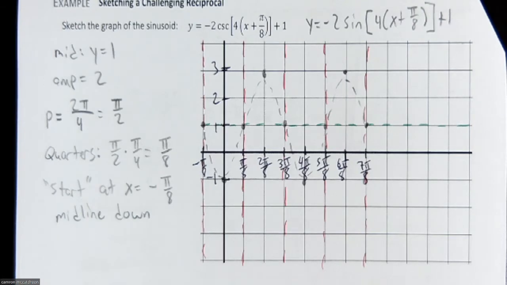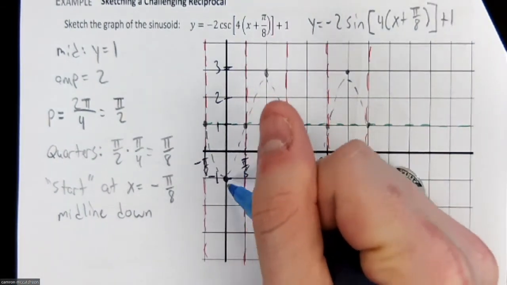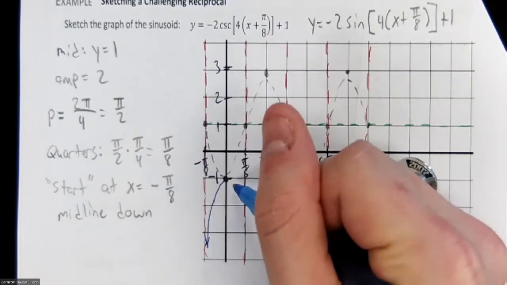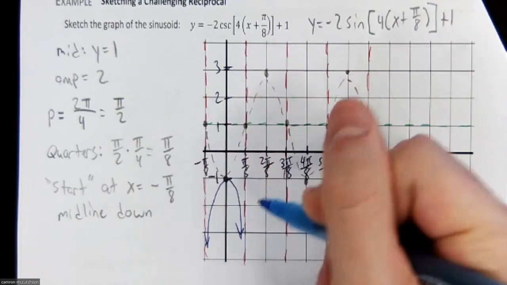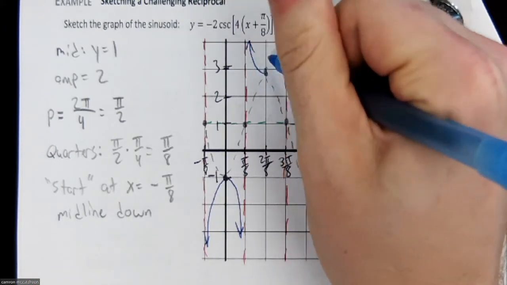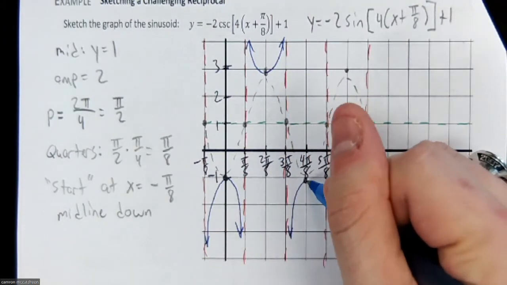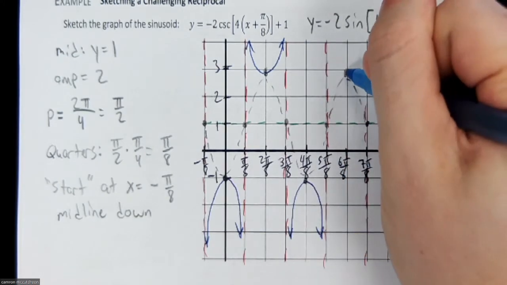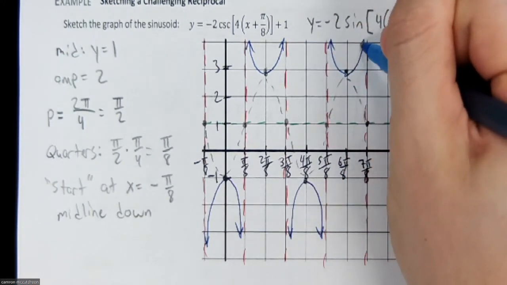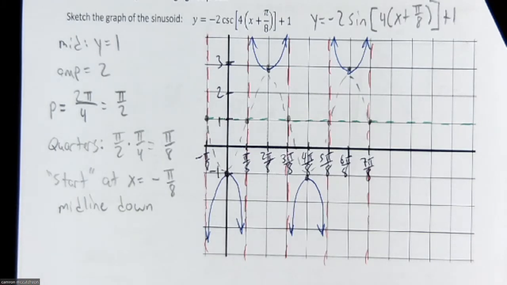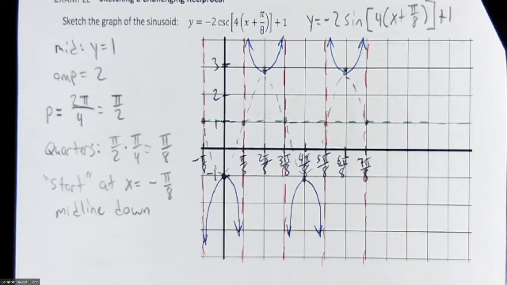Now, to sketch the cosecant, I'm going to turn my sine wave inside out, I like to say. Inside out. And there it is. Not too bad, right?